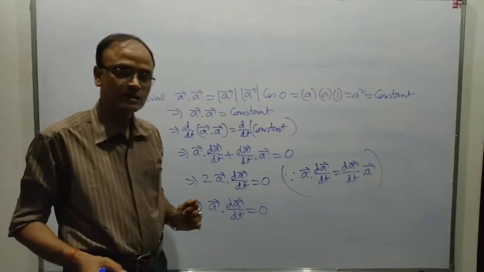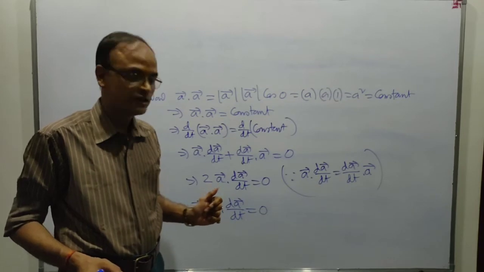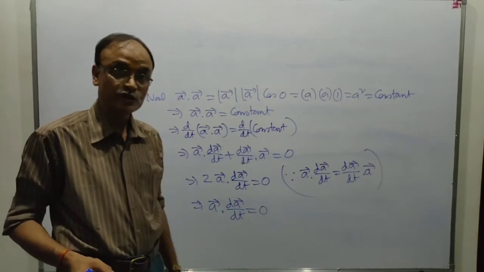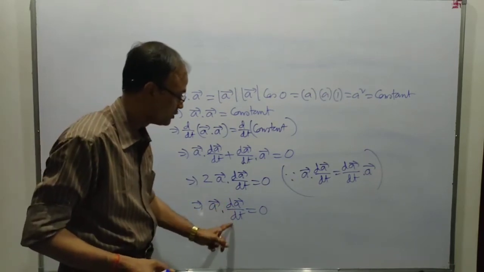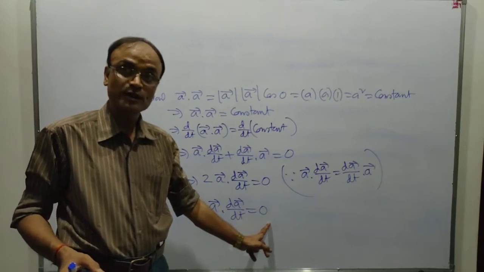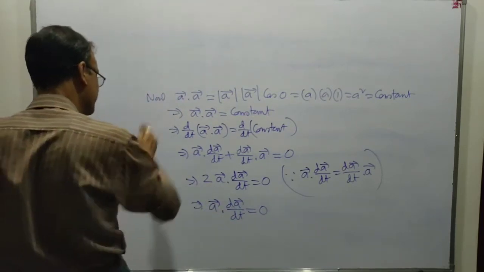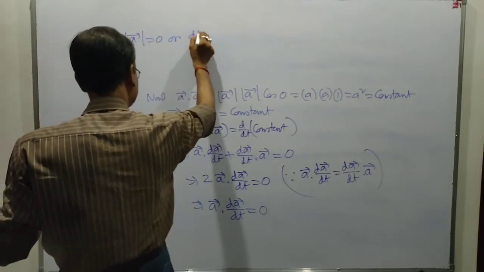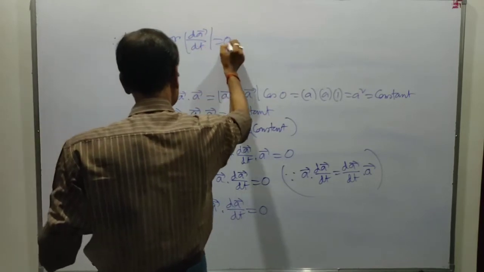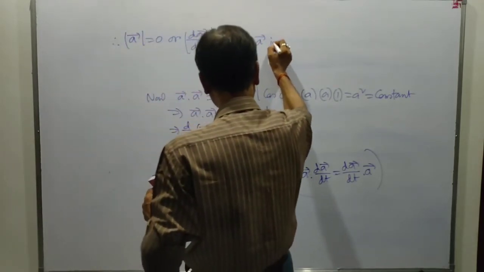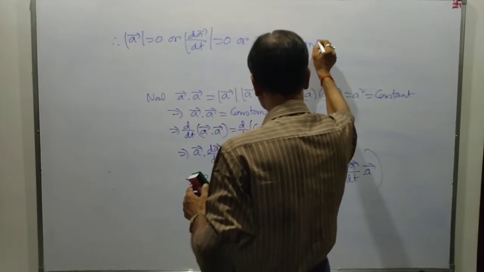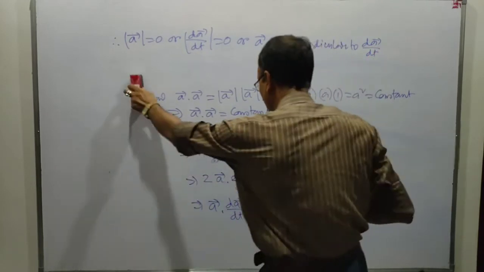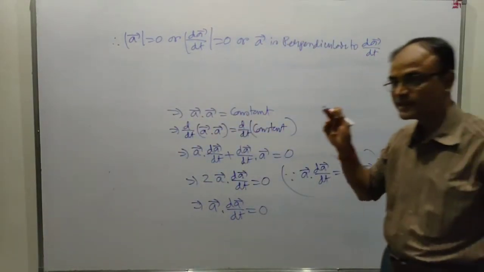Therefore, A vector equals 0, or dA vector by dt equals 0, or A vector is perpendicular to dA vector by dt.